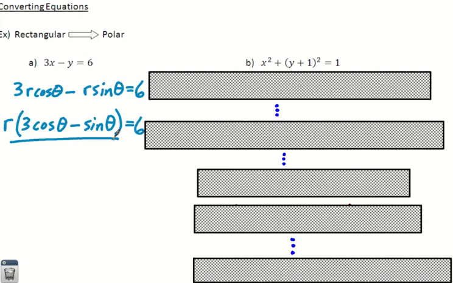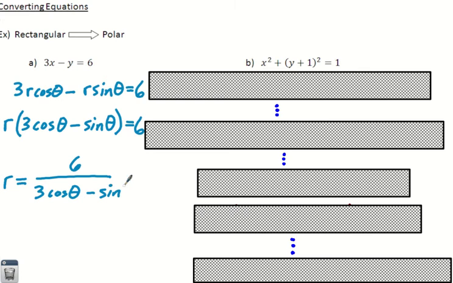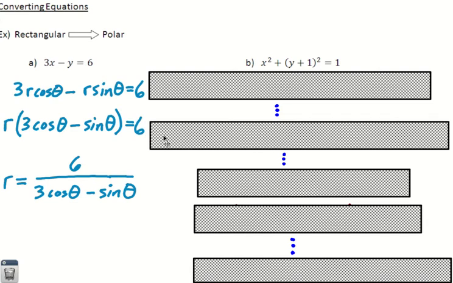I don't really have the room here, so I'm just going to skip to the end, where we have that as the final version of our final answer. Okay? All right.